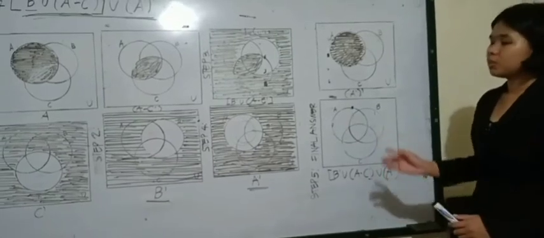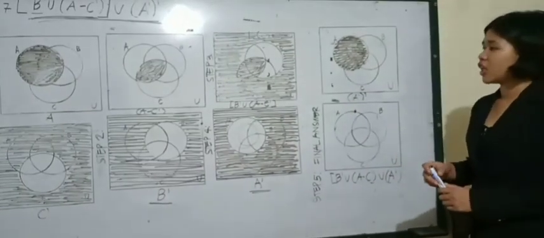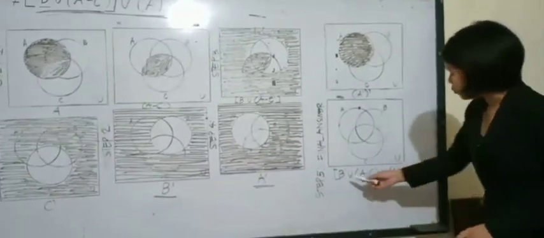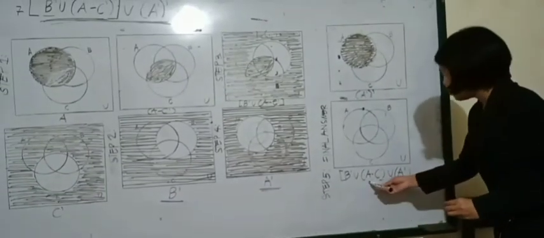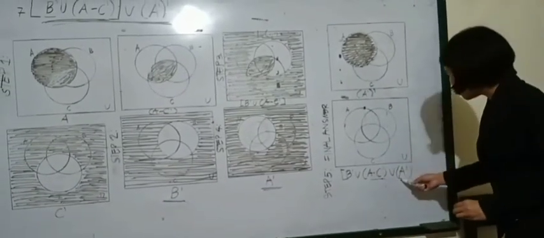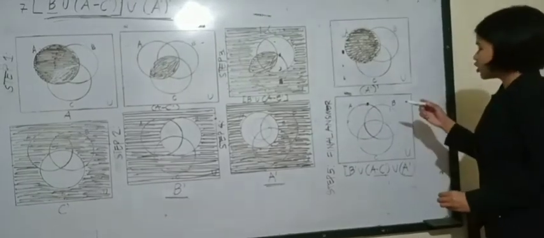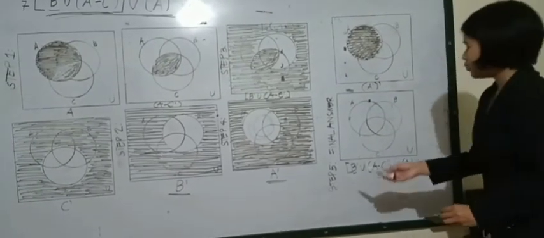So we are going to unite all of the shaded areas of B prime, A minus C prime, and also A prime and prime. So first we are going to shade B prime.